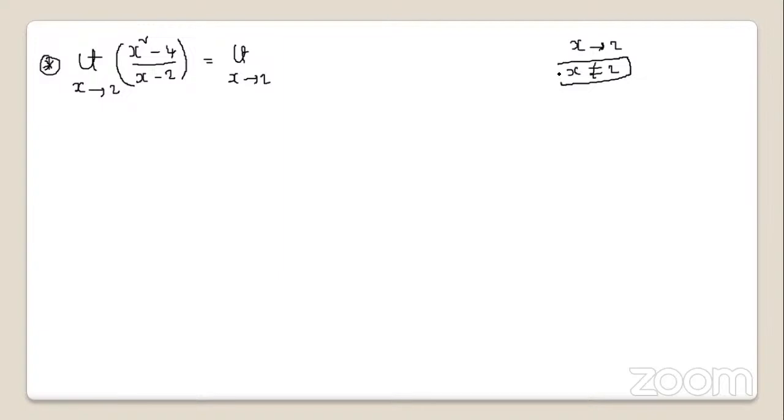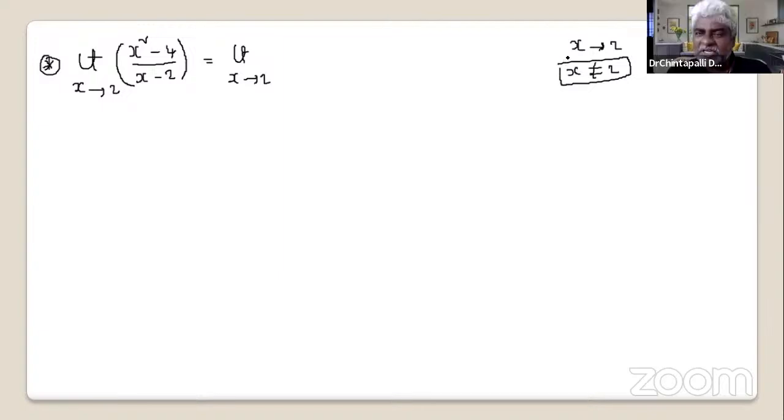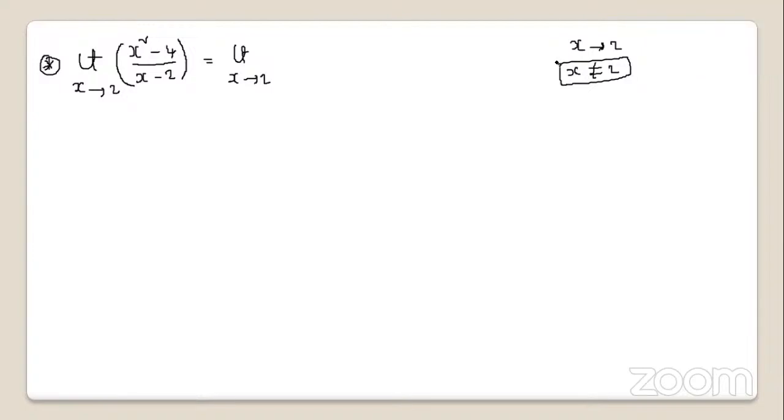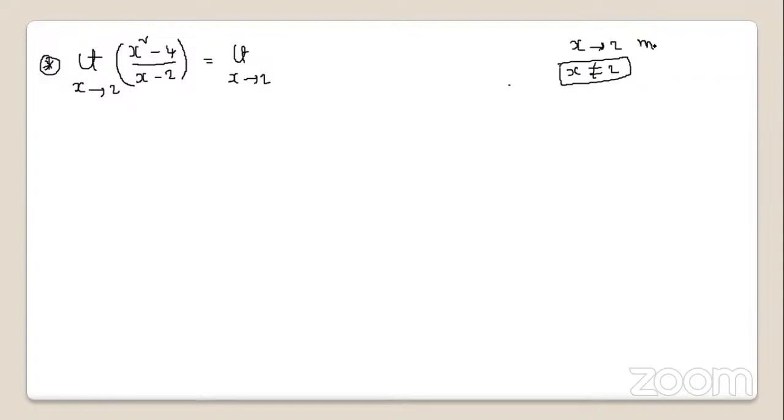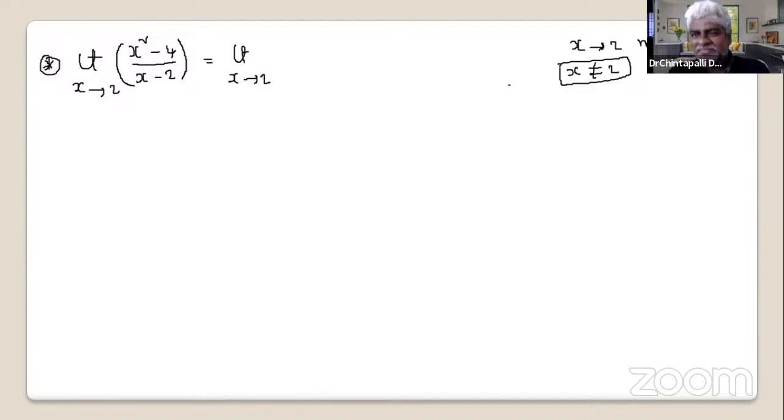Yes, sir. Got it? Note that, underline that point: x tends to 2 means x is not equal to 2, but the value of x is nearby to 2.